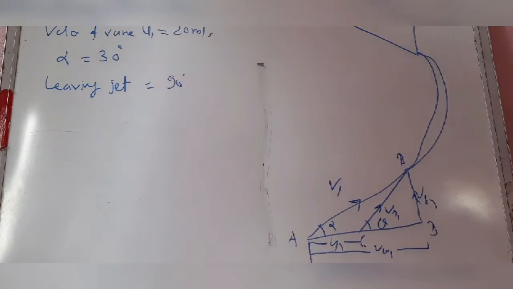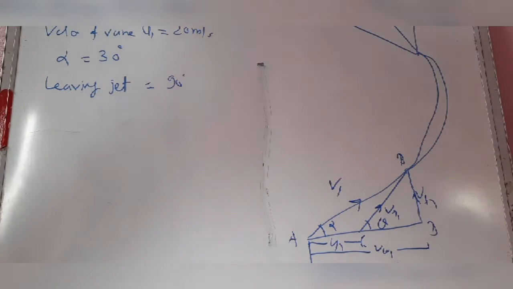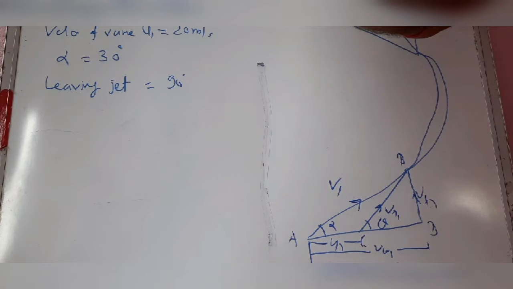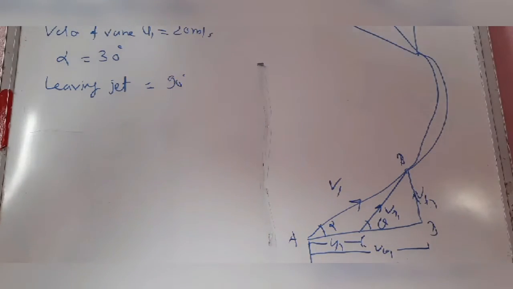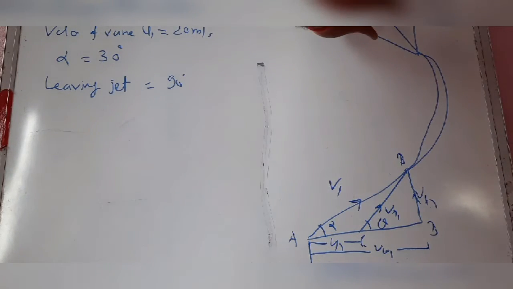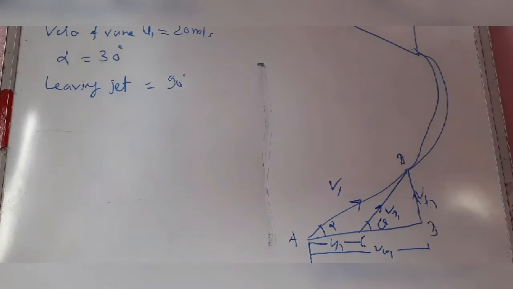Now in the outlet triangle, this angle is beta. This angle is phi. No angle here in between, no lines are here.